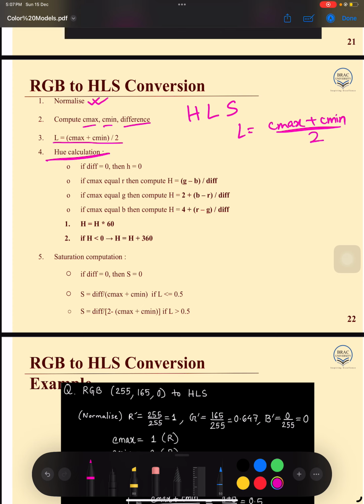For the hue calculation, if the difference is 0, that is Cmax and Cmin are the same, then the hue is 0.